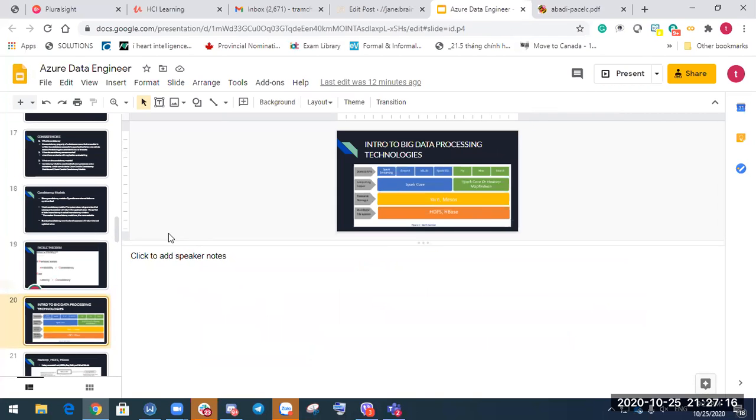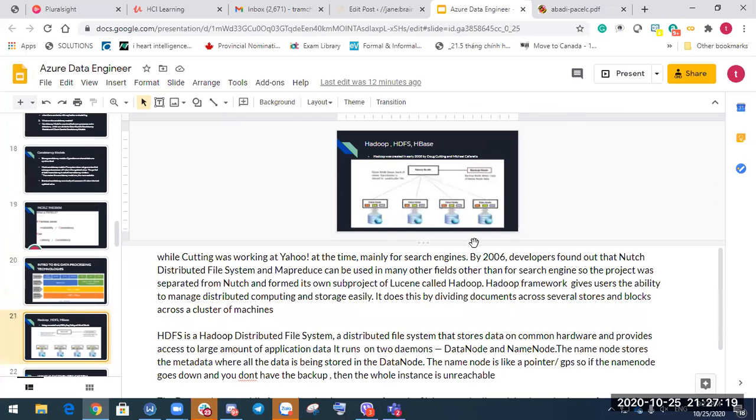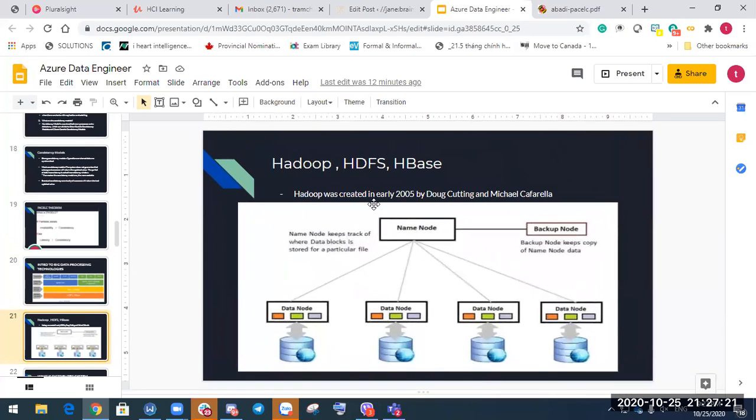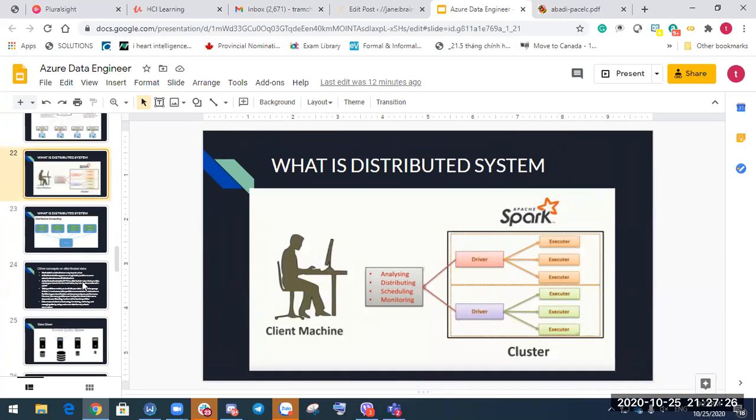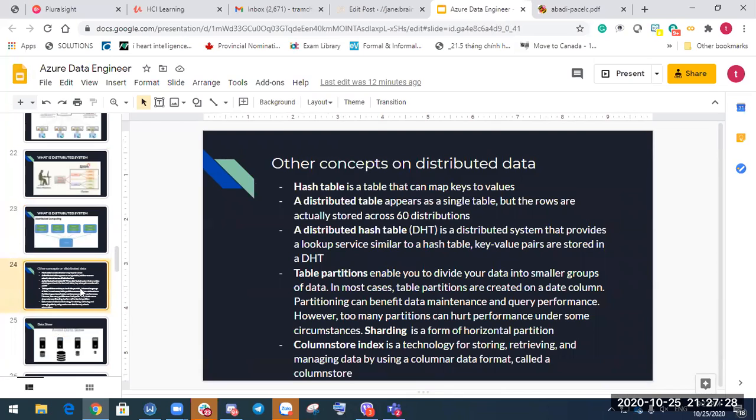Okay, let me go down to this. We went over Hadoop, HDFS, and HBase already, and we know what a distributed system is. So let's talk about other concepts in distributed data. I want to mention the concept of hash table and distributed table, and you know what hash is. Here you can see table partition and also sharding.